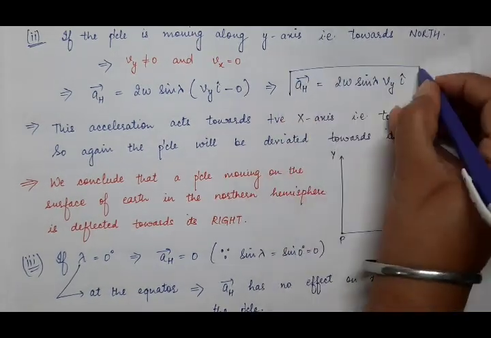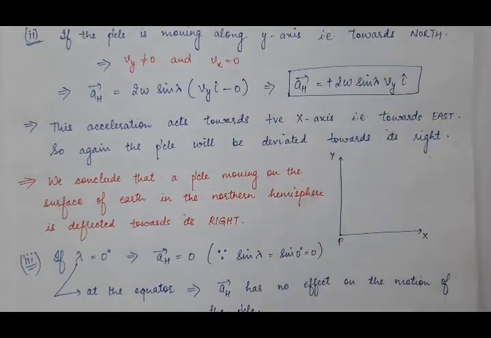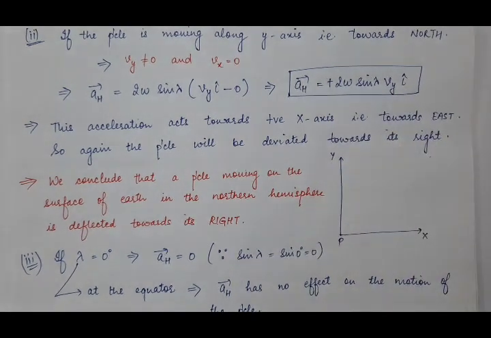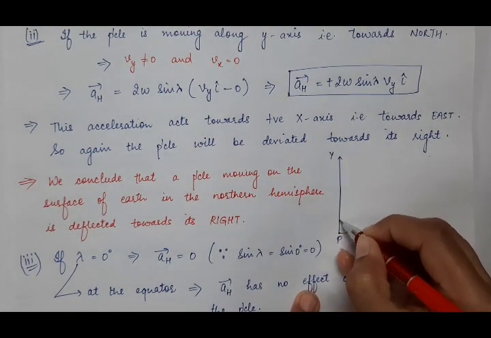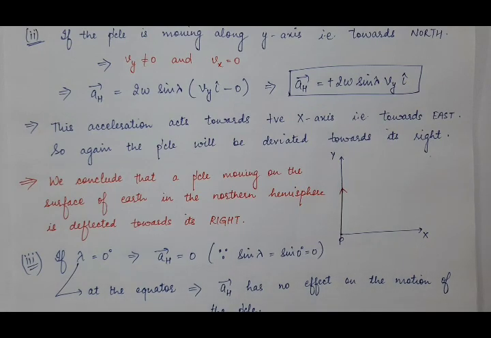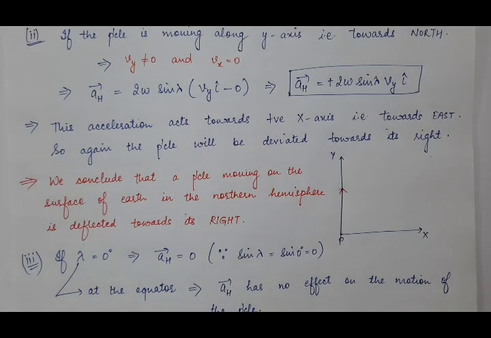Here you can see that the direction of the horizontal component of Coriolis acceleration is plus i cap, which means it is acting towards the positive x-axis, that is towards east. If the particle is moving along the positive y-axis in this direction and there was no Coriolis force, it would continue to move in a straight line path.